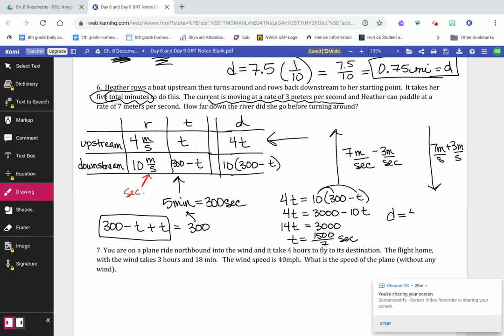So we'll do 4 times time, which we got 1500 divided by 7. So we would do 4 times 1500 over 7, and you get 857.14 in distances in meters.